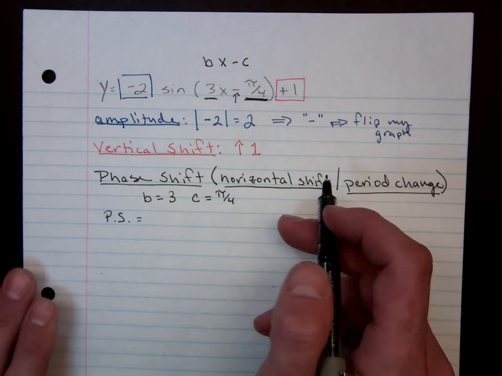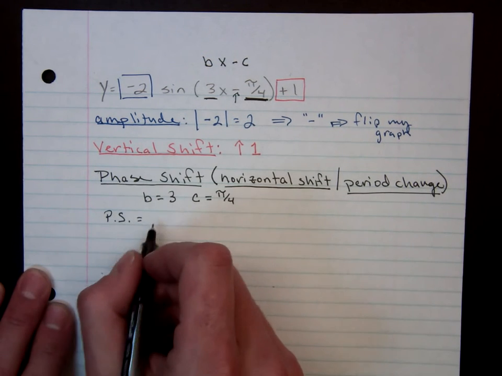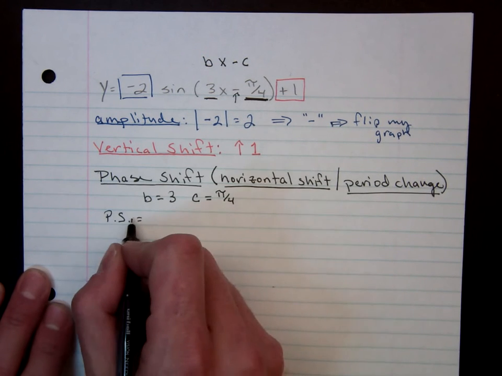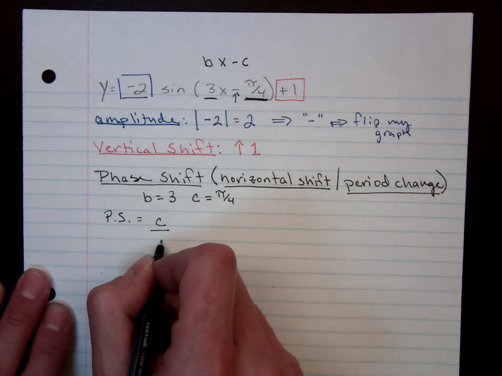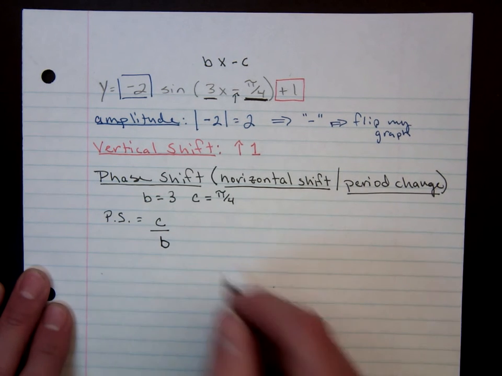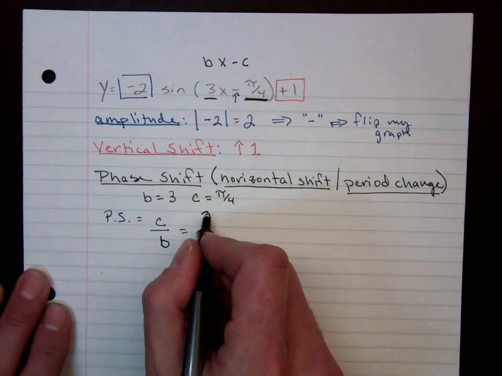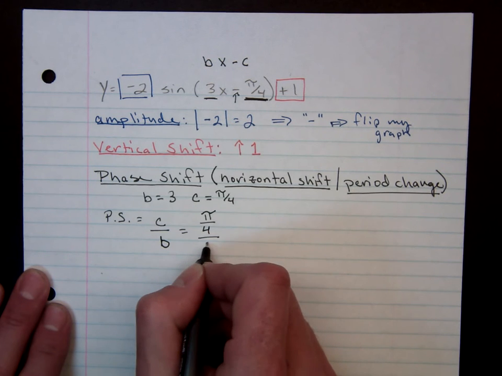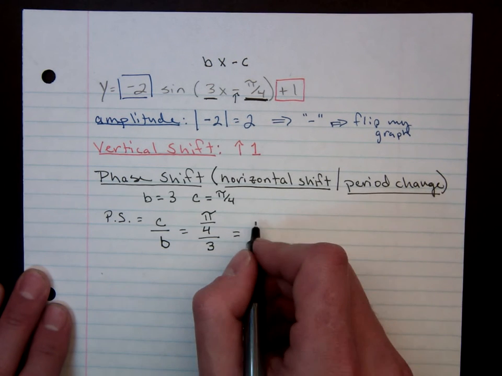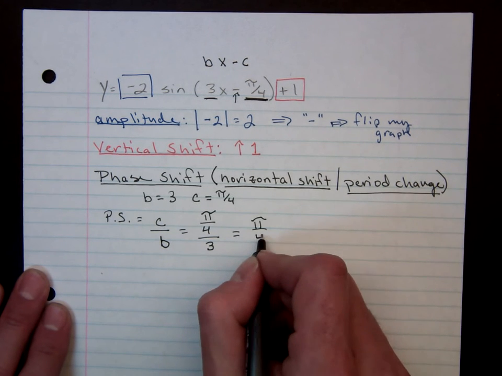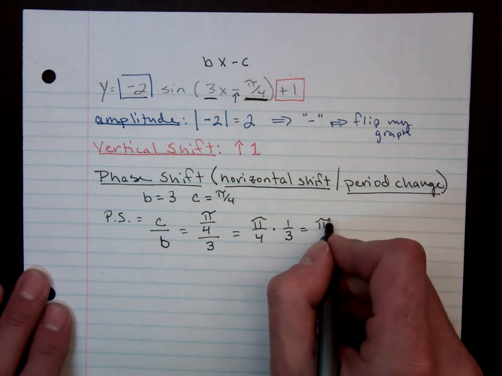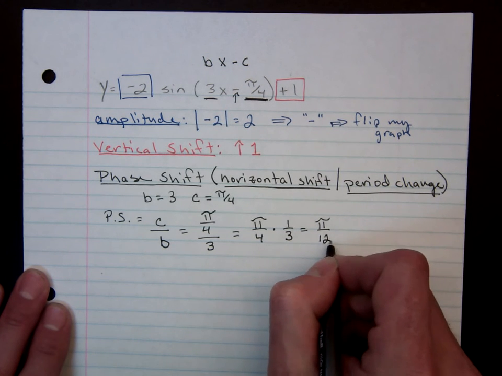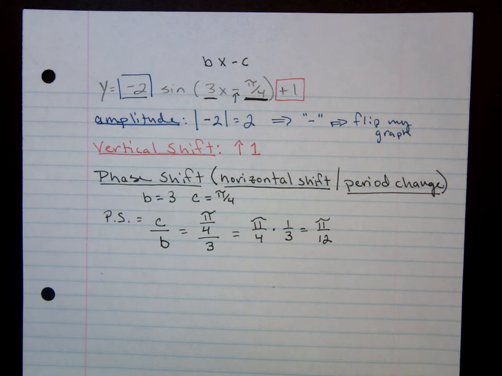As I said before, the phase shift is just C over B, which in this case would be pi over 4 over 3. Another way of looking at that is pi over 4 times 1 over 3. So now I know that my phase shift here is actually pi over 12.